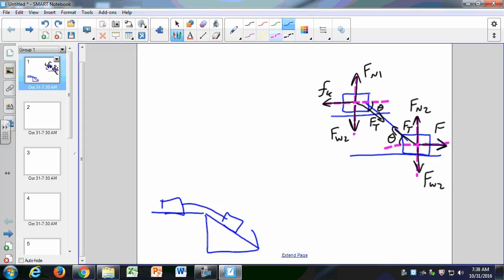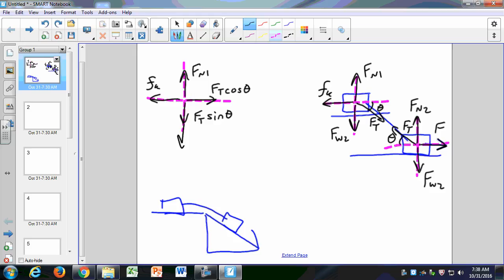So I resolve the vectors. Fn1, Fk, Ft cosine theta, Ft sine theta, and Fw2.